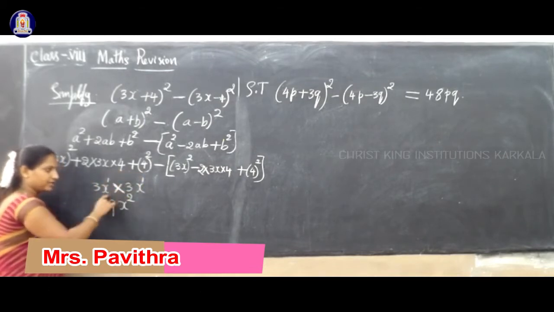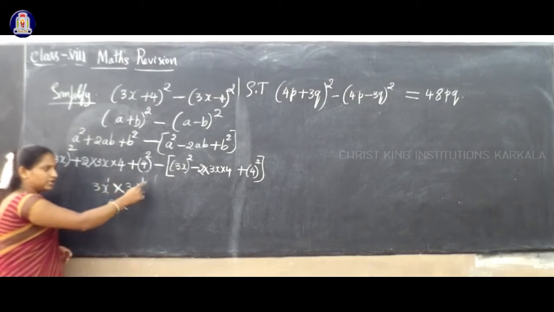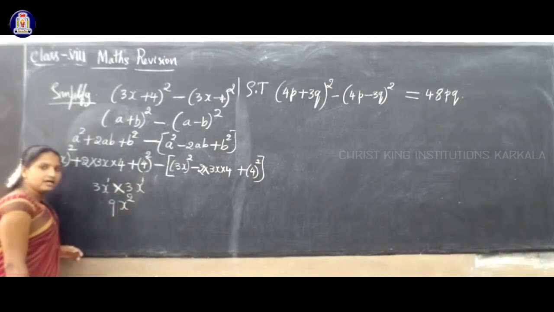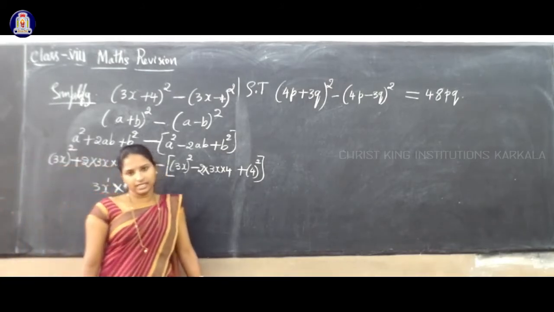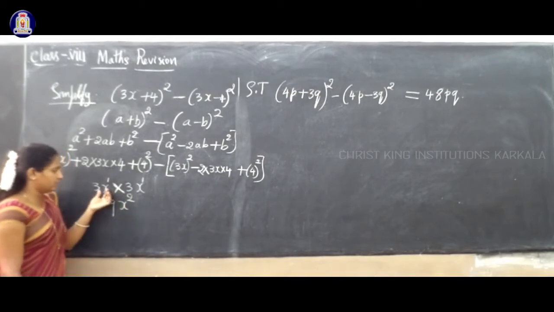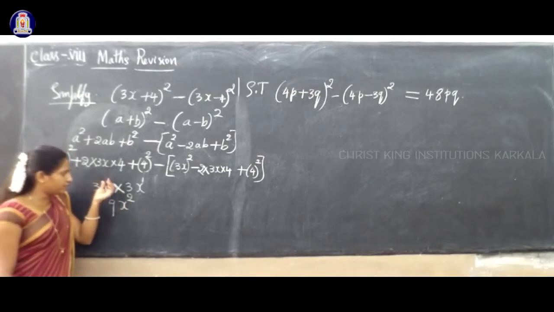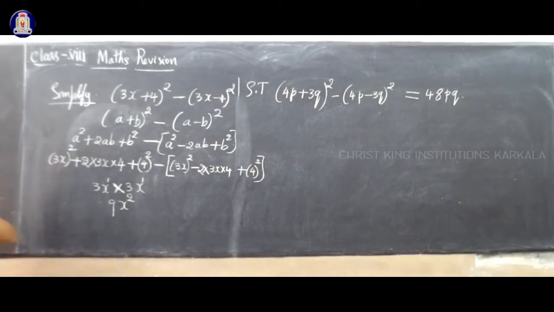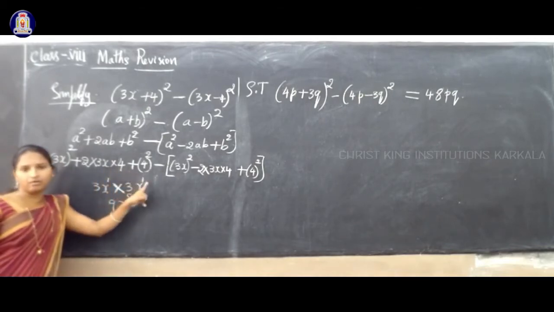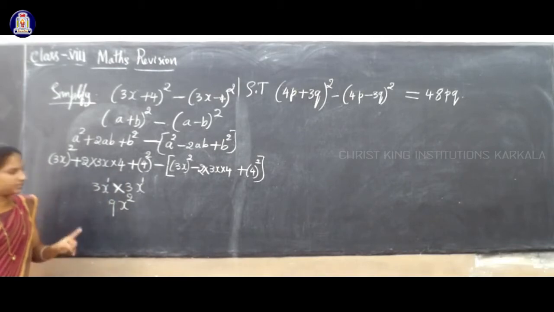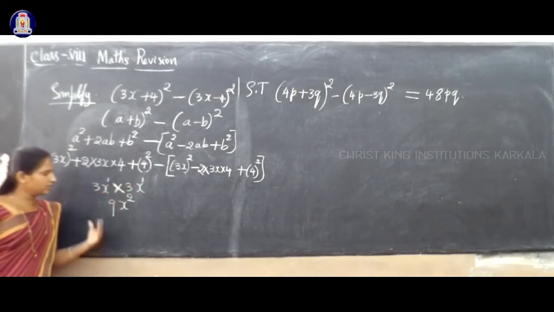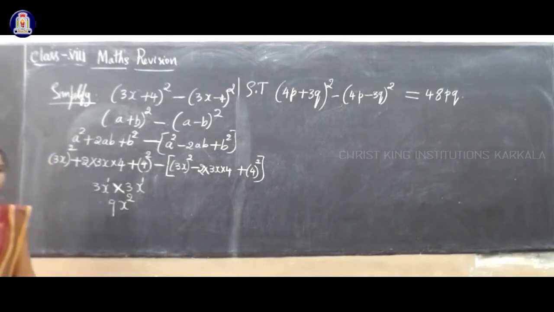So the base is the same: a power m into a power n is a power m plus n. You know the law of exponents, isn't it? So we have to add the exponents. Clear? So x as it is, 1 plus 1 is 2. So the answer is 9x square.